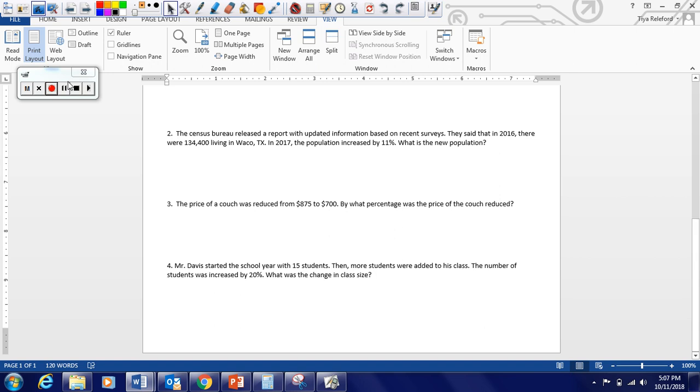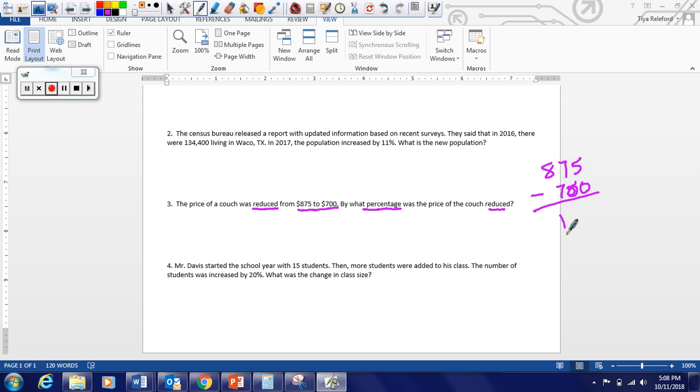All right. Number 3 says the price of a couch was reduced from $875 to $700. By what percentage was the price of the couch reduced? This reduced is a key word. We're going to have to find out how many dollars it reduced first. Oops, 700. It changed $175.